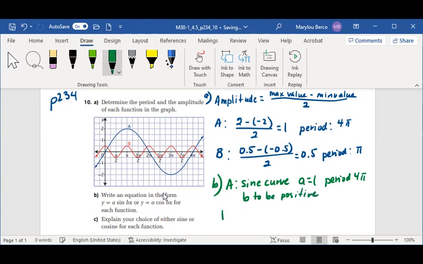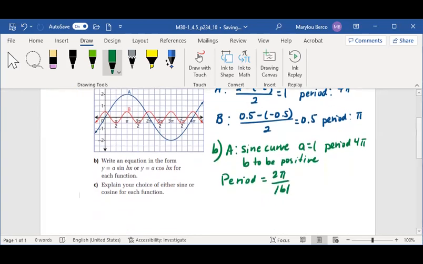the period equals 2 pi over the absolute value of b. 4 pi equals 2 pi over the absolute value of b.